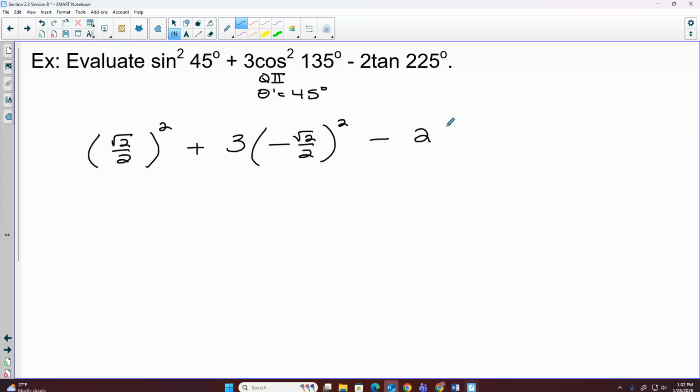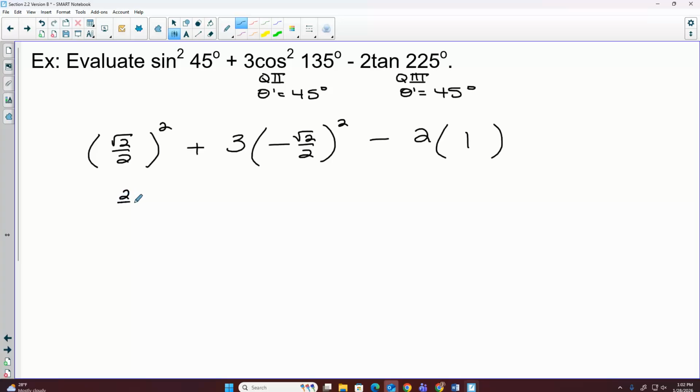Minus 2 times the tangent of 225. What quadrant is 225 in? Reference angle. We subtract 180. 225 minus 180? 45. In quadrant 3, is tangent positive or negative? Positive. What's the tangent of 45? 1.